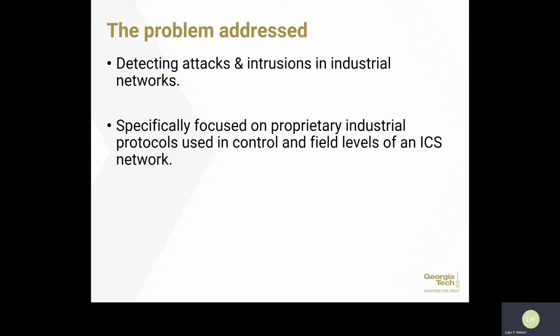But intrusion detection in ICS networks lags behind its business IT counterpart due to those networks' use of specialized protocols and the prohibitive barriers like cost and accessibility for cybersecurity researchers to working with those protocols.